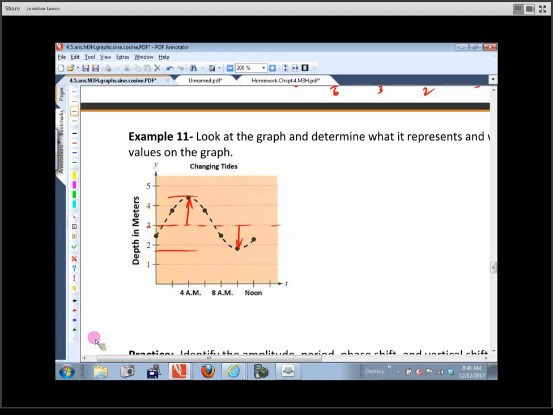So somewhere in the ballpark of amplitude of maybe 1.4-ish? 1.3, 1.4, something like that? We'll do 1.3. And we said the center line was 3, so that would have moved it up 3.